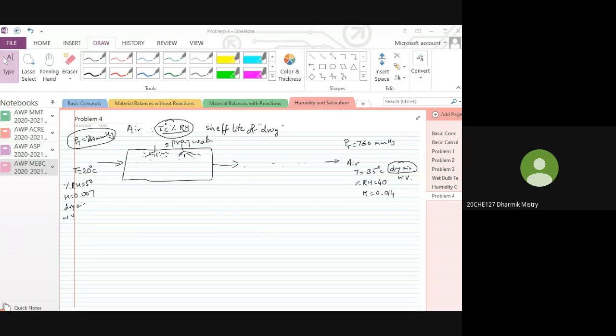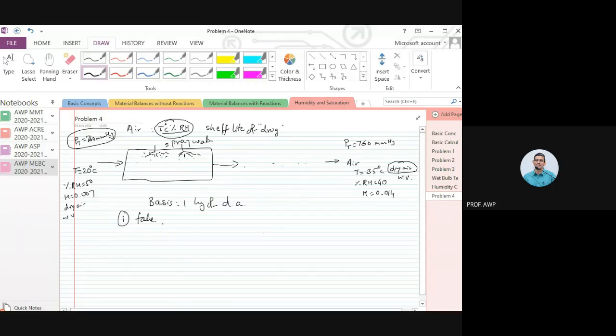So what you are saying is, of course our basis suppose is 1 kg of dry air. Then take this 1 kg of dry air. It has 0.007 kgs, means 7 grams of water. In the outgoing air we want 14 grams. So take 1 kg of dry air plus 7 grams of liquid water.